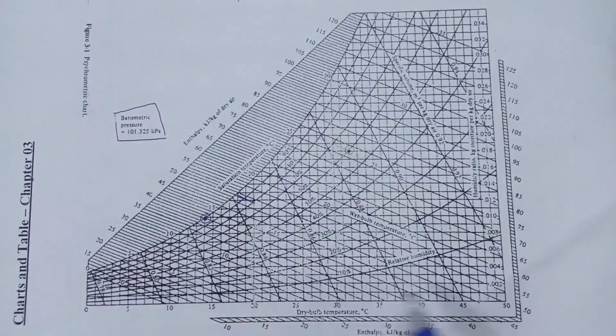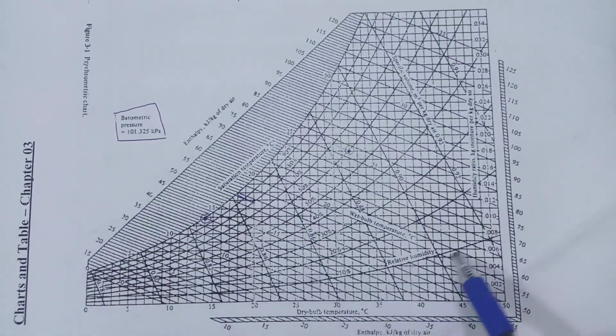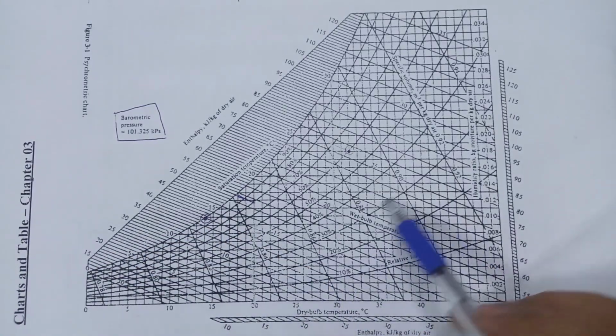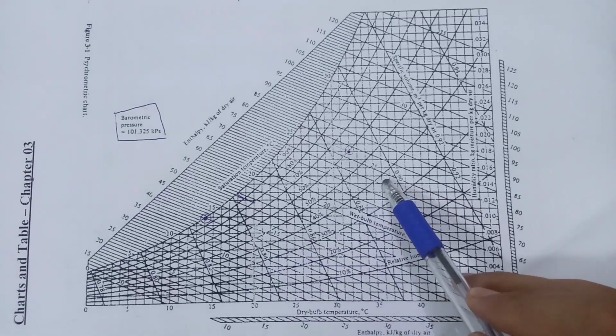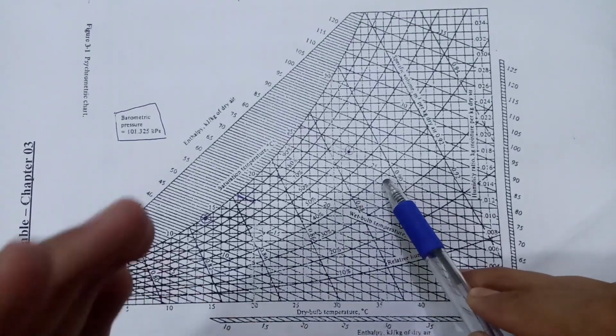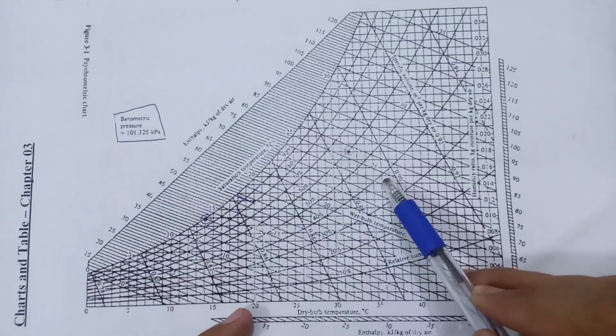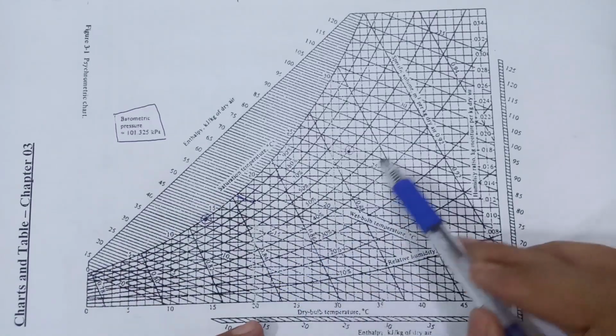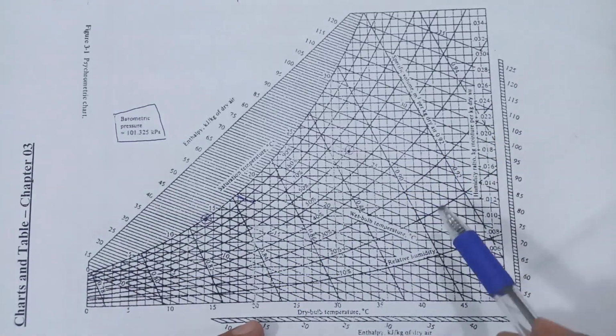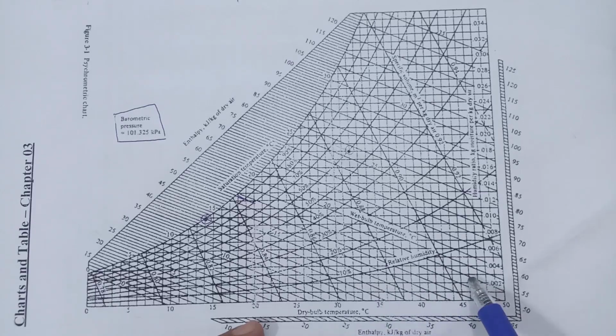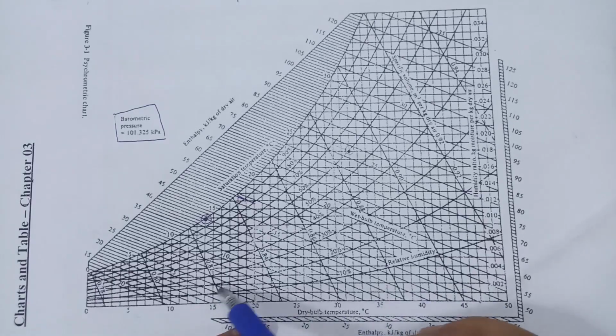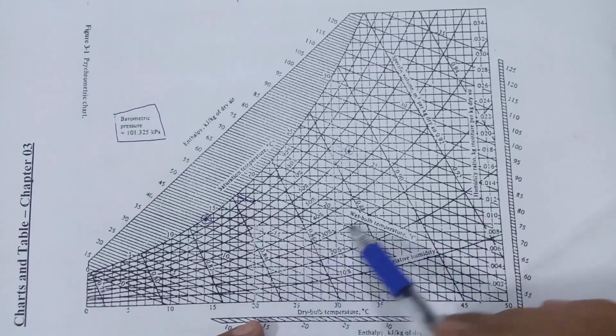But these curves will represent relative humidity. These horizontal lines will represent specific humidity, and these curves will represent relative humidity.